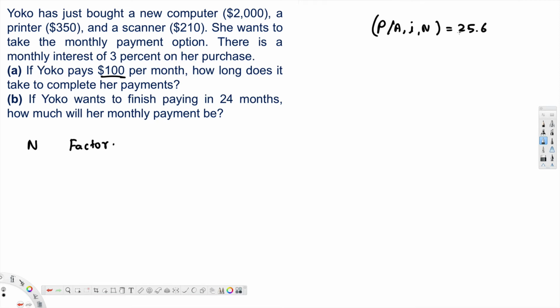I showed you how to calculate this one. It was basically 2,560 divided by 100.